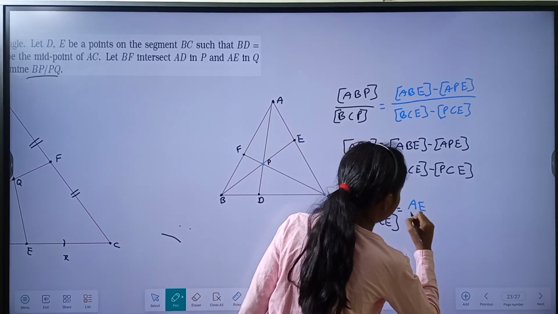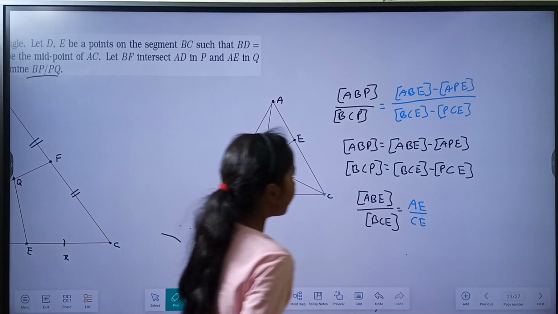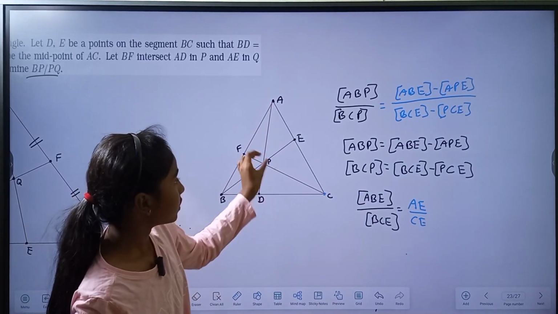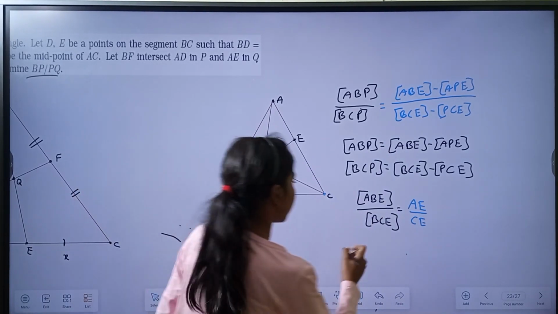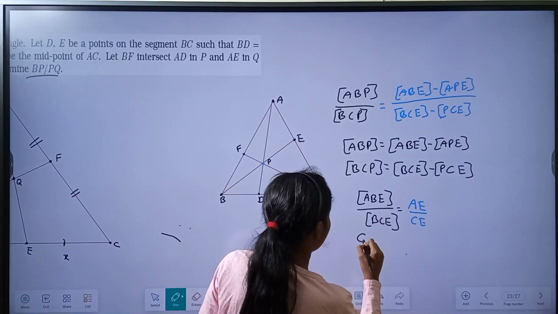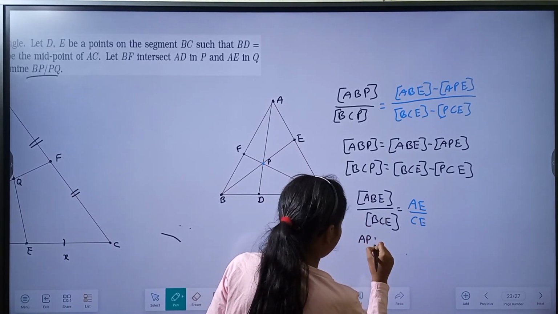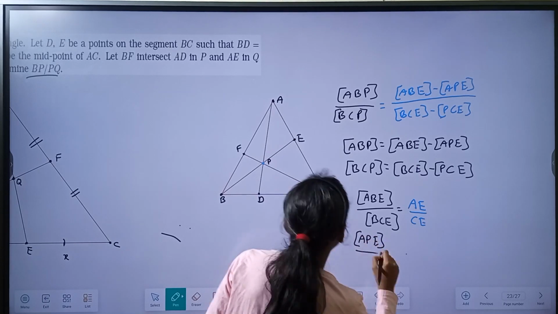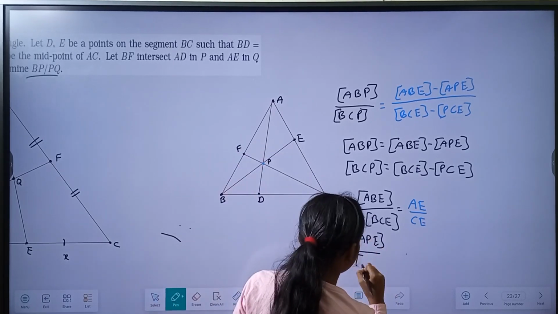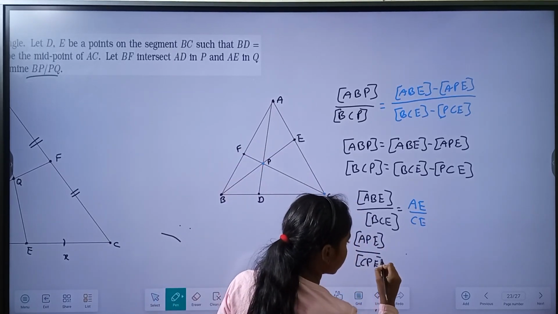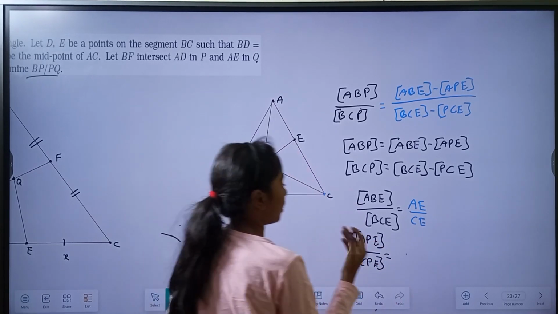And in a similar way for APE and CPE. APE divided by CPE is also equal to AE by CE.